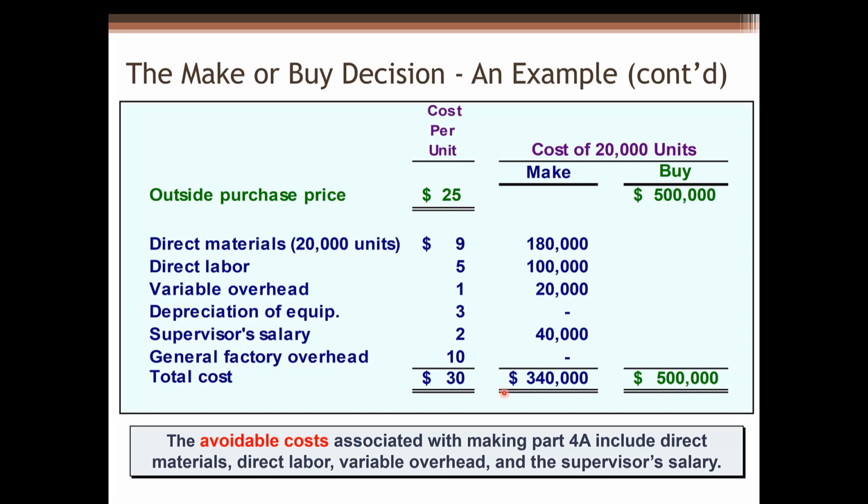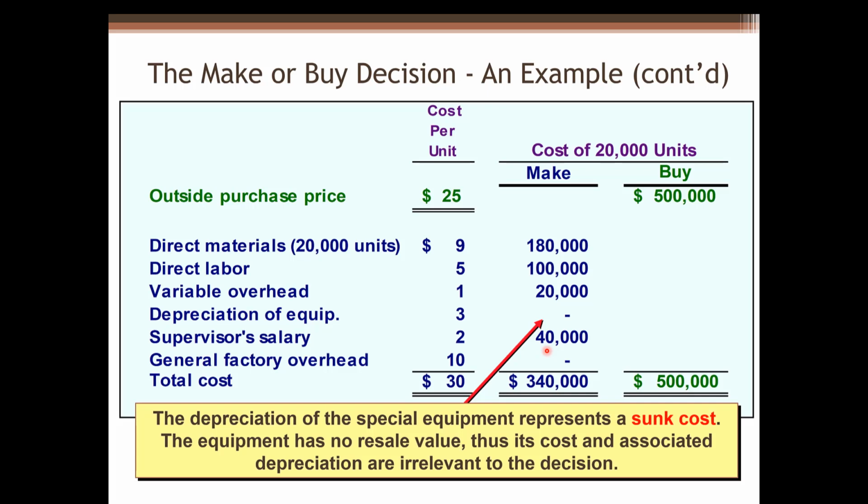So we can calculate total cost of making 20,000 units of 4A is $340,000.